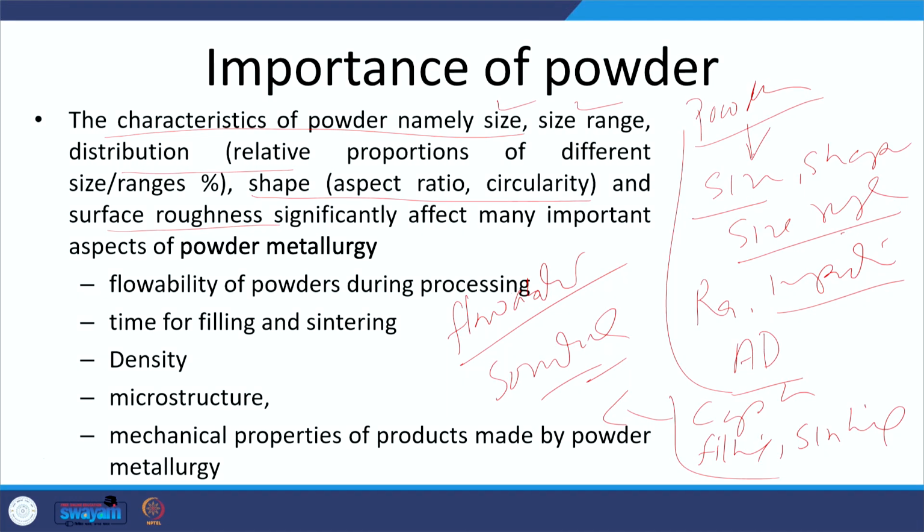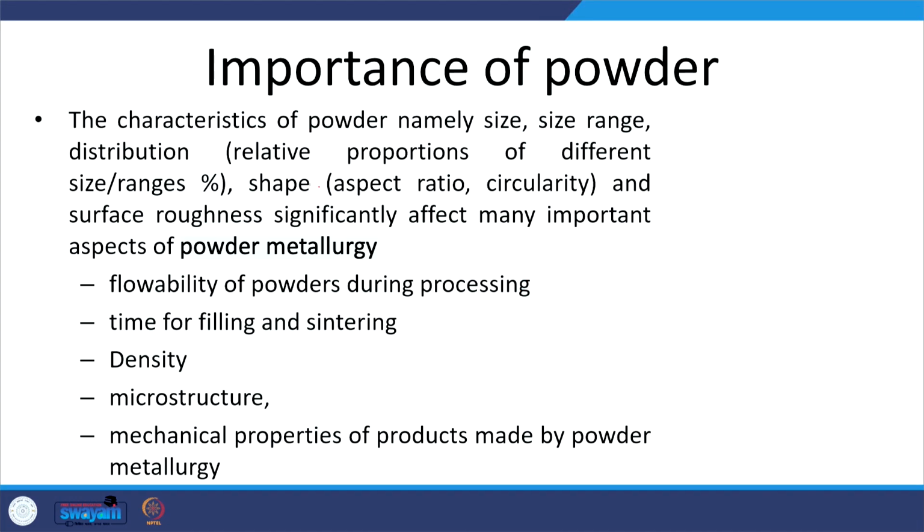So, it is important that the powders are selected with the desired characteristics, so that the flowability of the powders as per the shape and geometry of the product to be made can be realized, because the powder flowability must be good, especially for making complex shape products as compared to simple shapes.